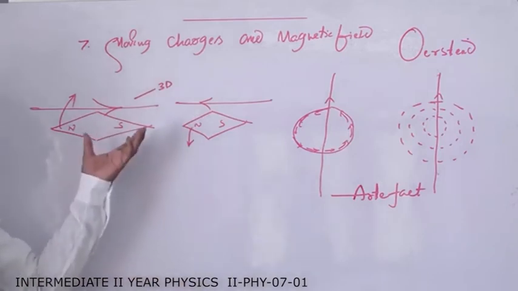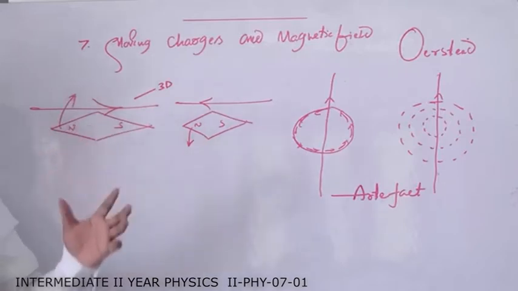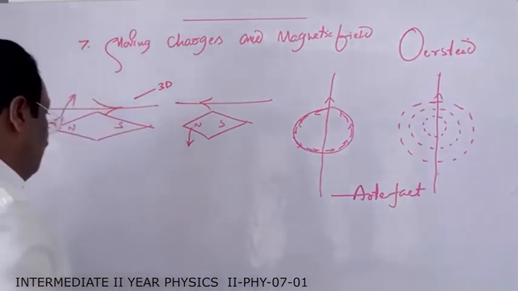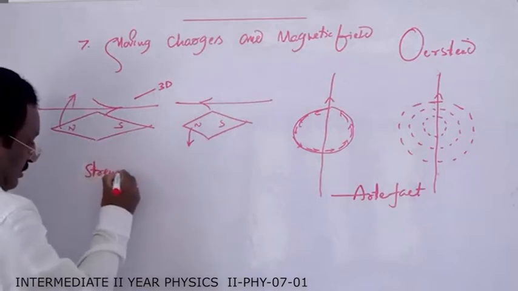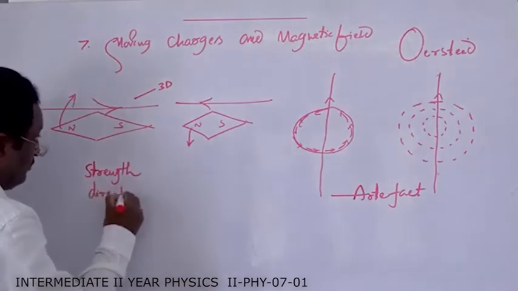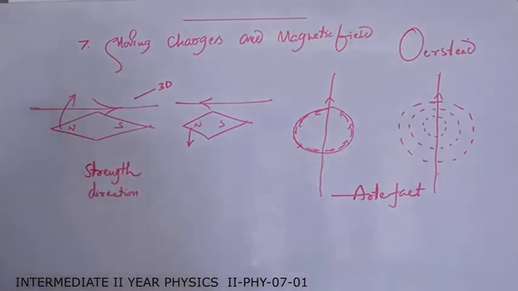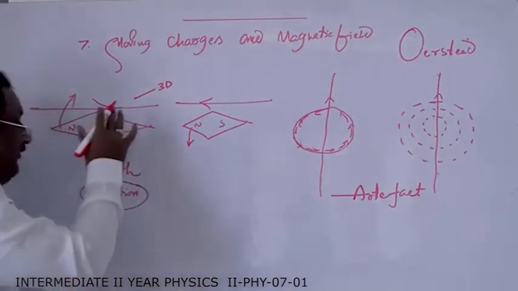To understand the nature of the magnetic field, it is characterized by two factors. One is strength. The other one is direction.